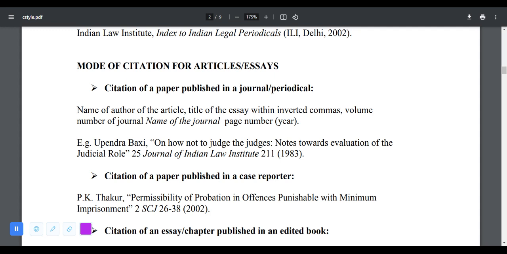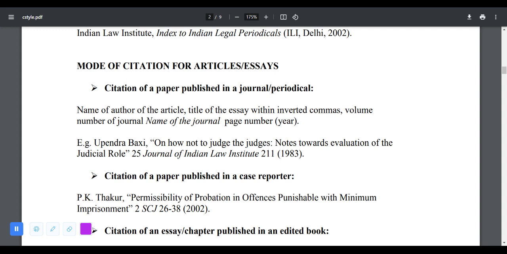The article will have an author name, title, and maybe a page number. Remember, the article is in a journal, where the journal has a number of different articles written by different authors.